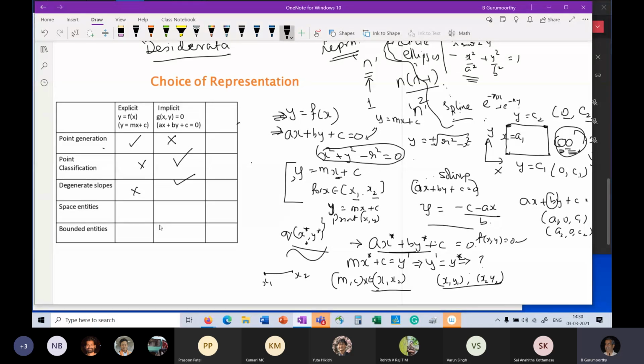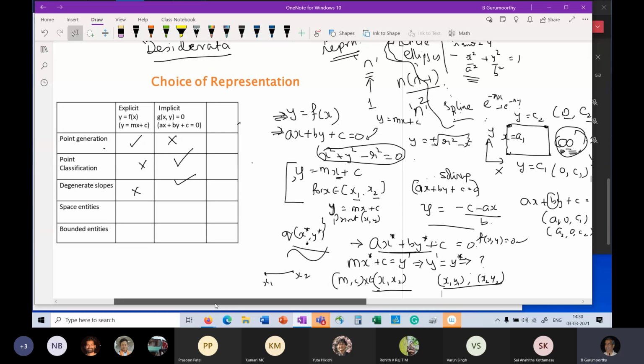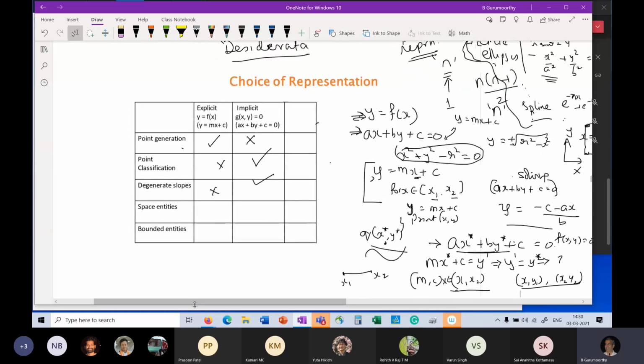You actually have to do some additional carrying, as I called it, excess baggage. So I hope you'll agree that we can put crosses against both of them when it comes to bound entities. But a quick follow-up question: why are we interested in bound entities?